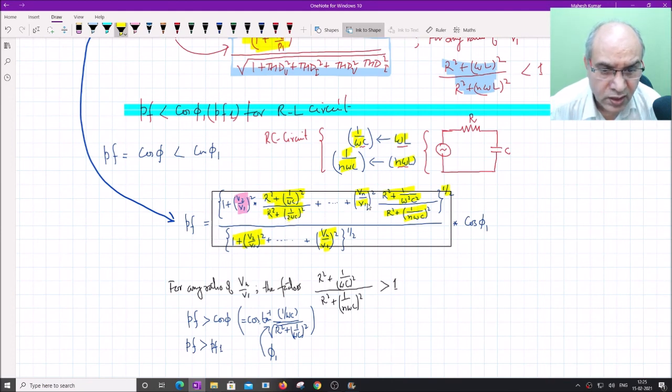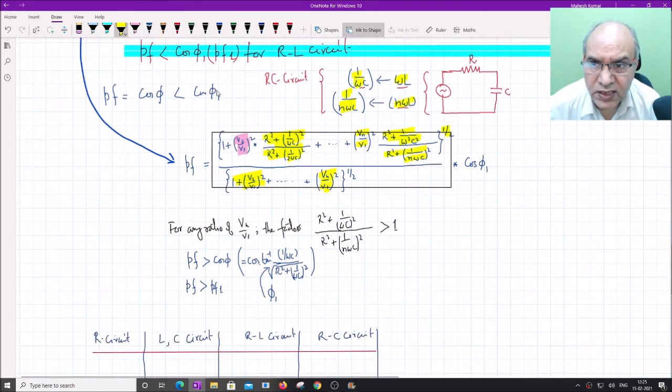This goes till nth term, that is plus (bn by b1) square into (r square plus (1 by omega C) square) divided by (r square plus (1 by n omega C) square), whole square root, and divide by the term in the denominator 1 plus (b2 by b1) square till (bn by b1) square.